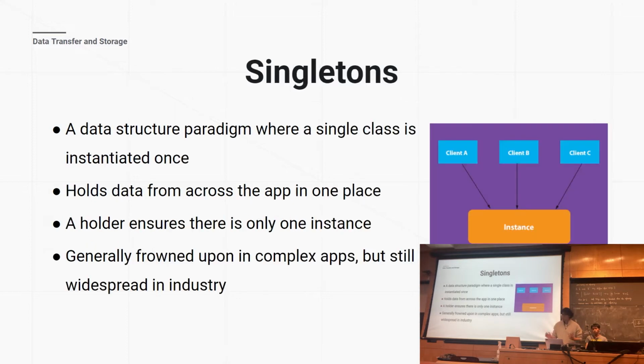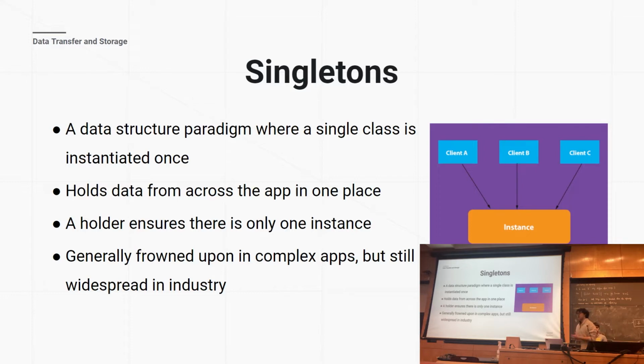And the solution will be singletons. You may have learned these in 2110 or 2112 if you took them. Their basic idea is that this data structure is where only one single class can be instantiated. And in this case, it also holds data from across the app, all in one place.